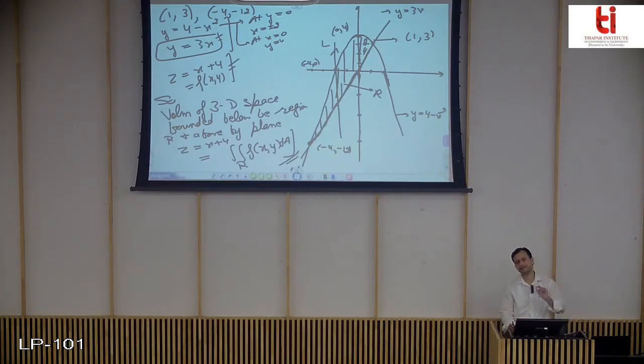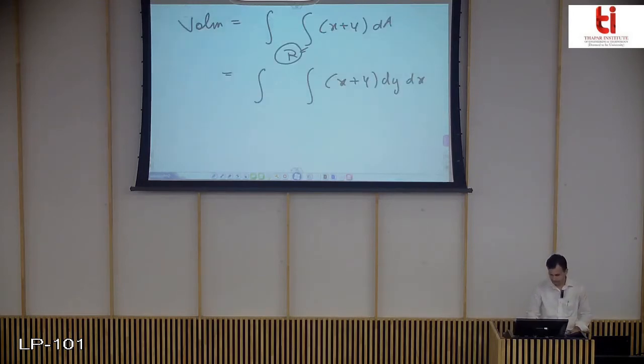So I need not split the region, at least if I choose the order of integration y first and then x. So here I take y and here I take x.